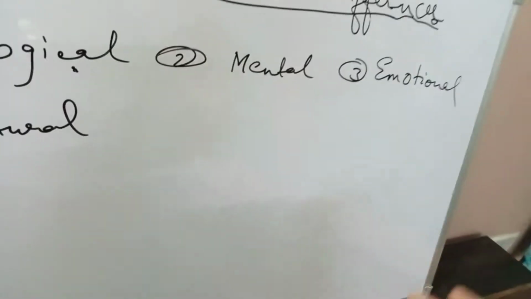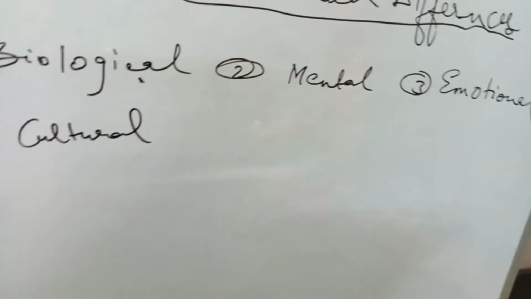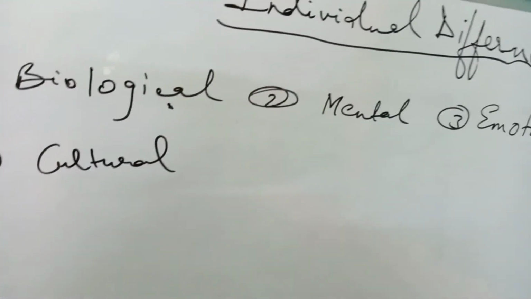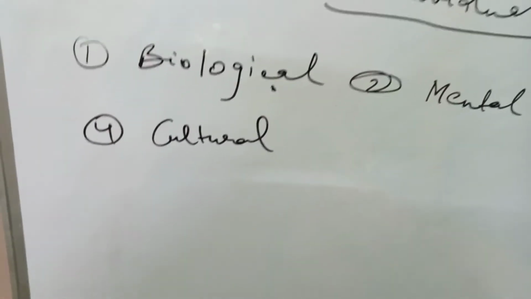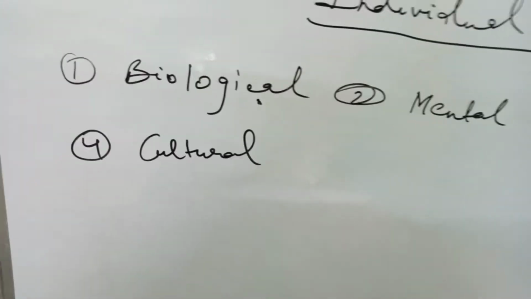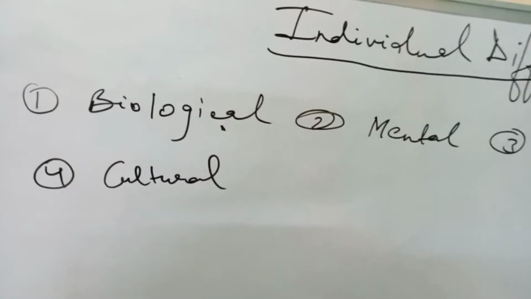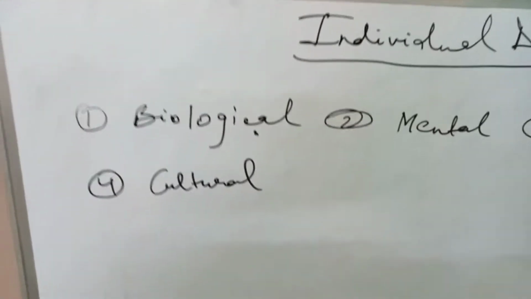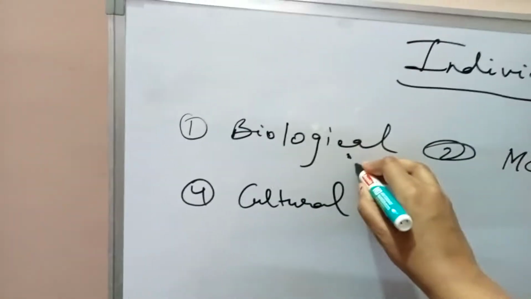For example, one child has inherited a disease from his parent, for example albinism, or early whitening of his or her hair. White hair growth at an early stage is a biological individual difference.